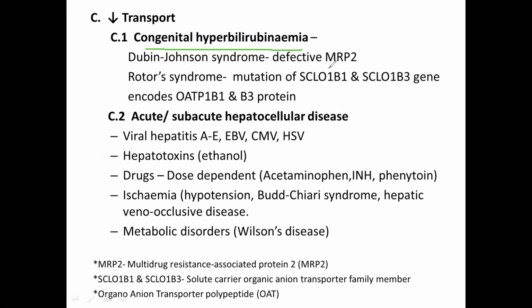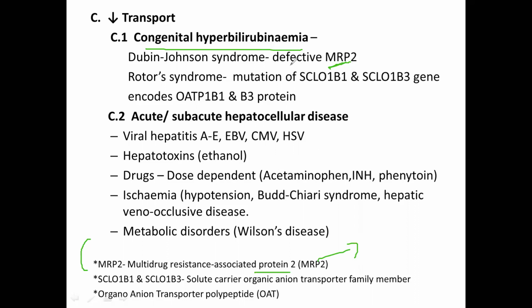So what is the long form of MRP? I have mentioned it here. MRP is multi-drug resistance associated protein. This protein is usually involved in the transport of molecules through the canalicular membrane in hepatocytes. So now you can understand that this protein is involved in the transport of bilirubin.